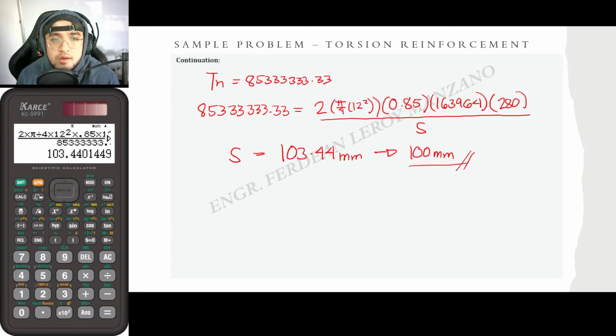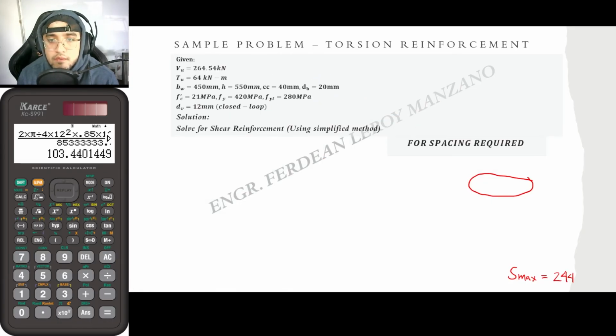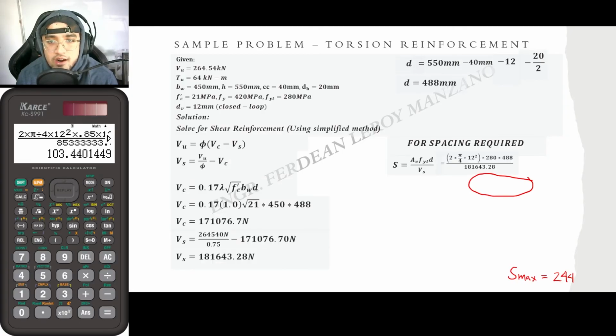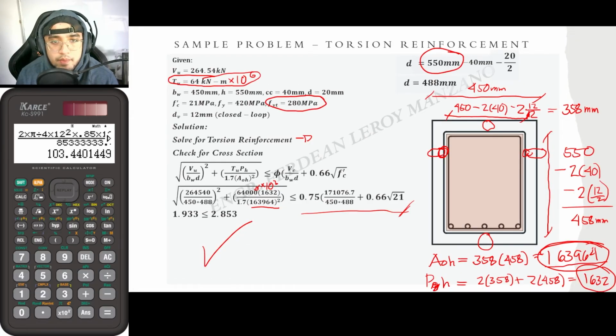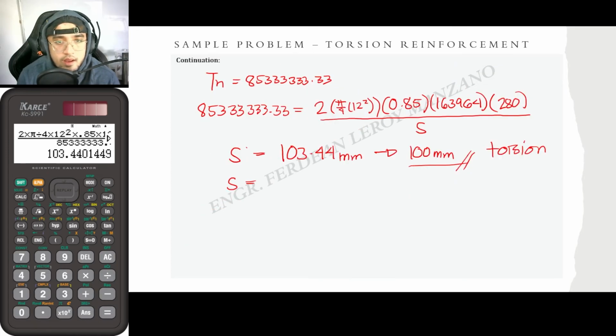So now, as you can see, for our spacing for torsion, we have used 100 mm. Once again, this is for torsion. Earlier, we have also solved for a spacing for shear equal to 150 mm.